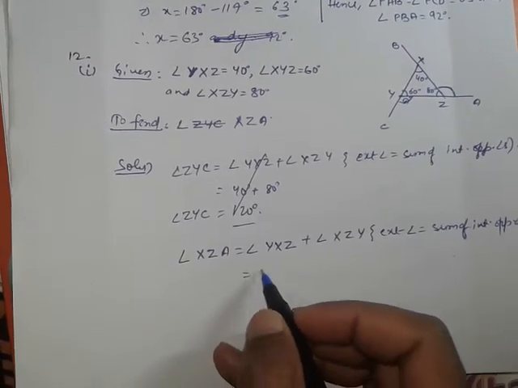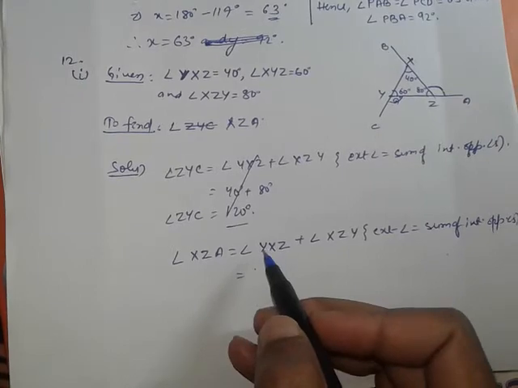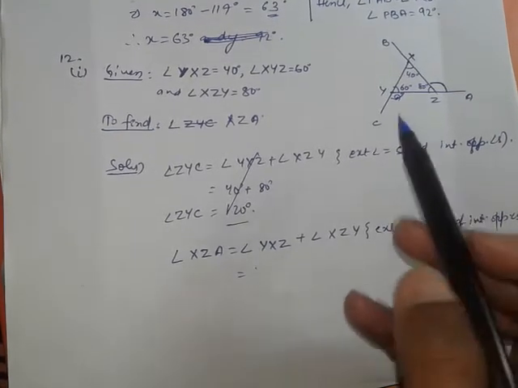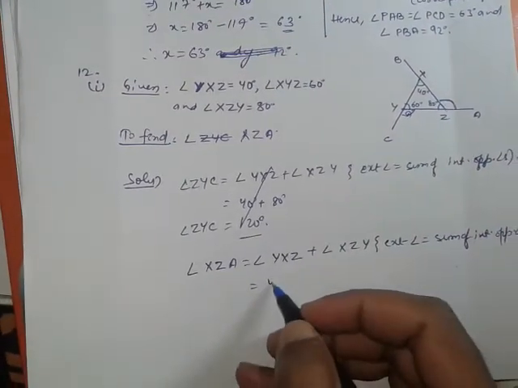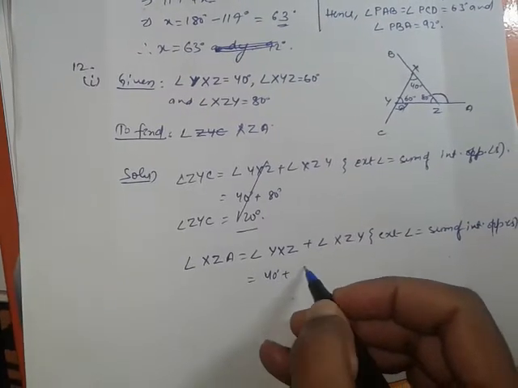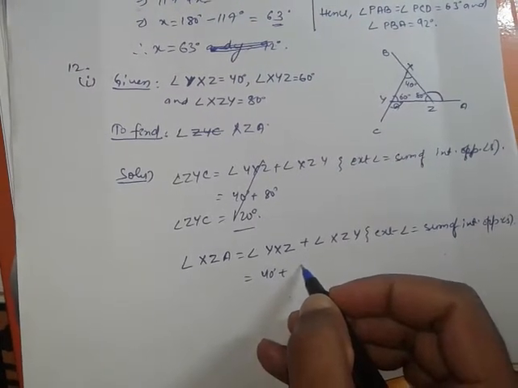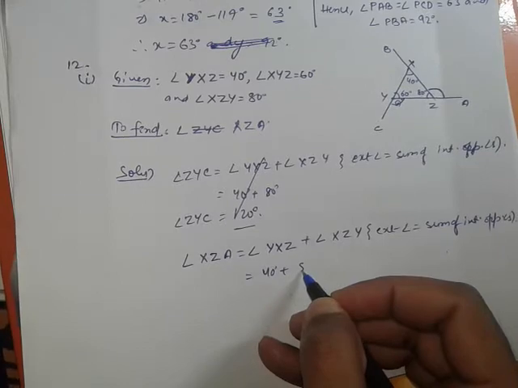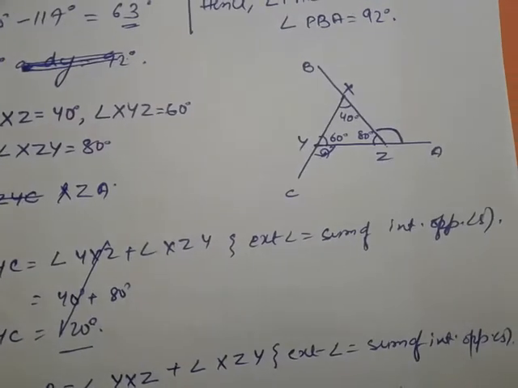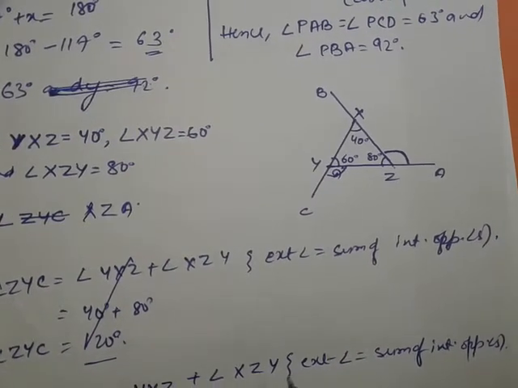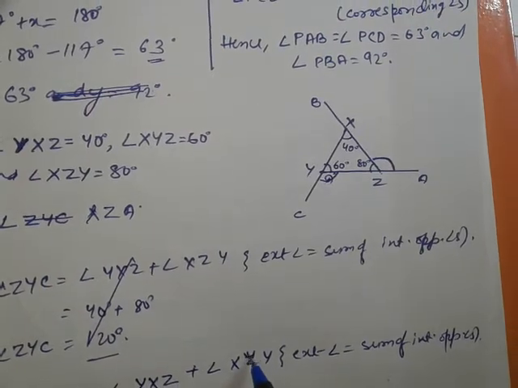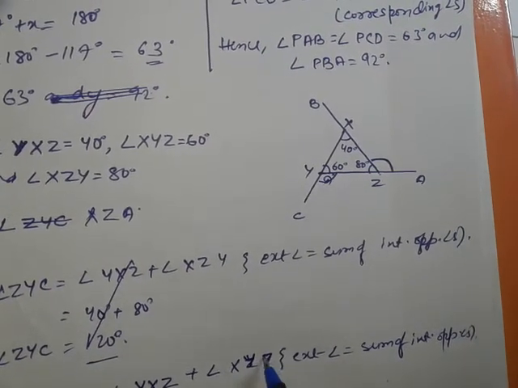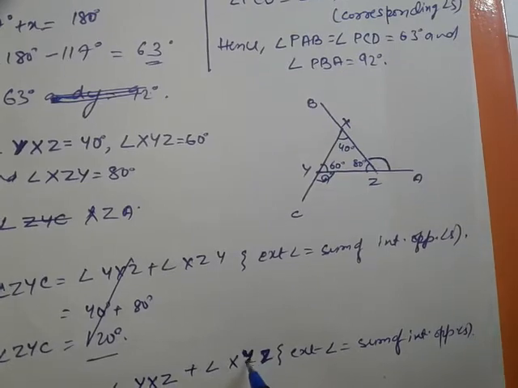Okay, so we have to give the value of YXZ. YXZ, that is 40 degrees, isn't it? Plus XYZ. Sorry, I have written it by mistake here.